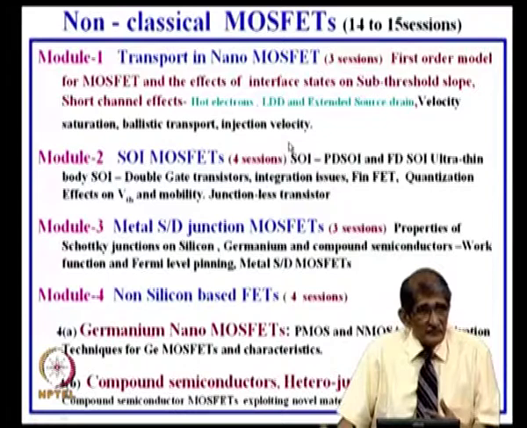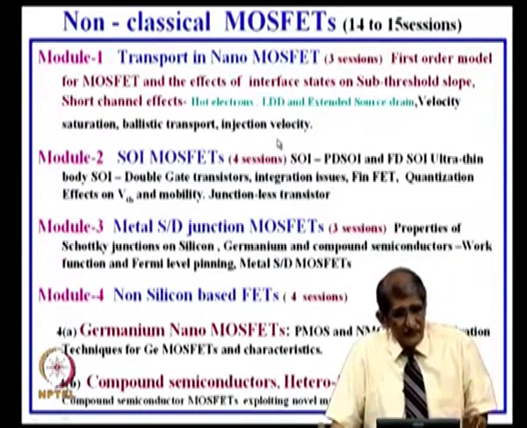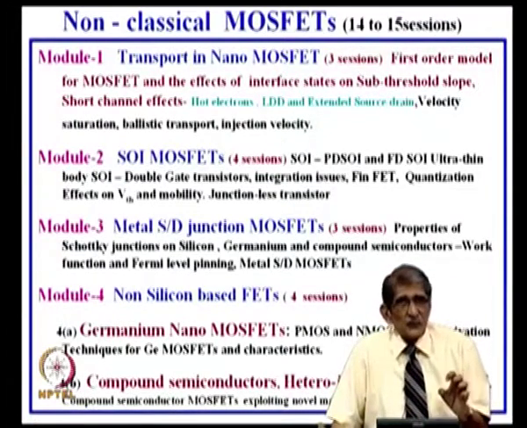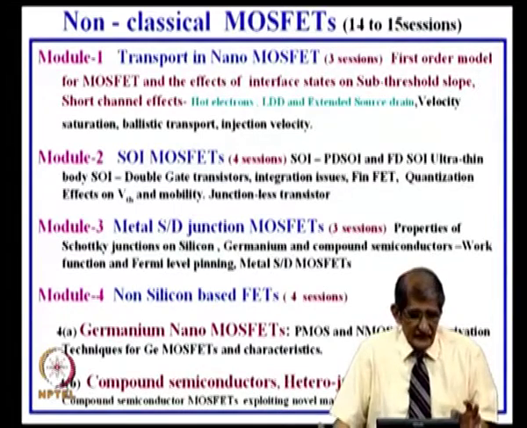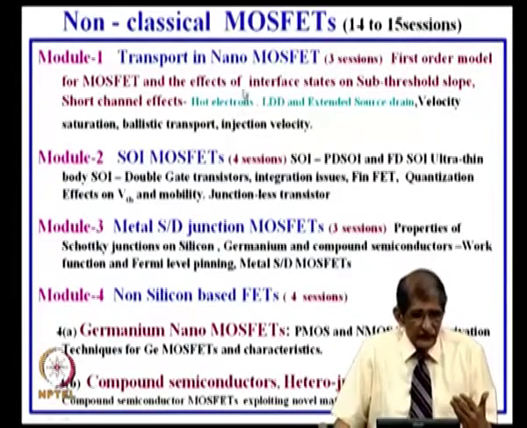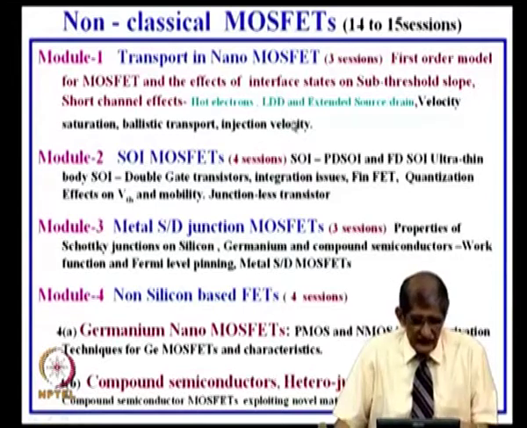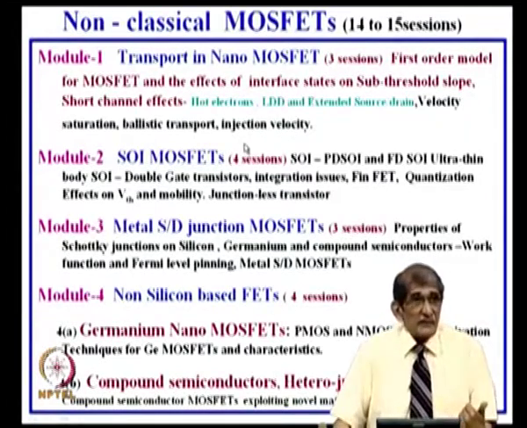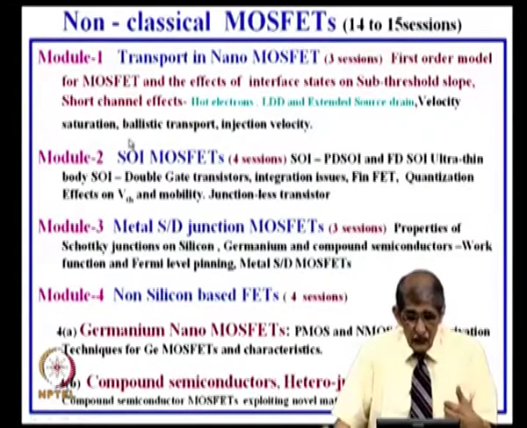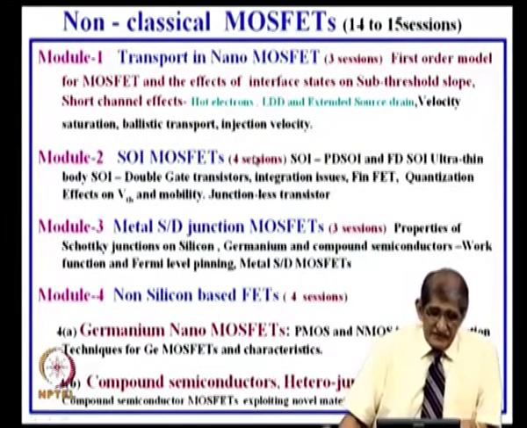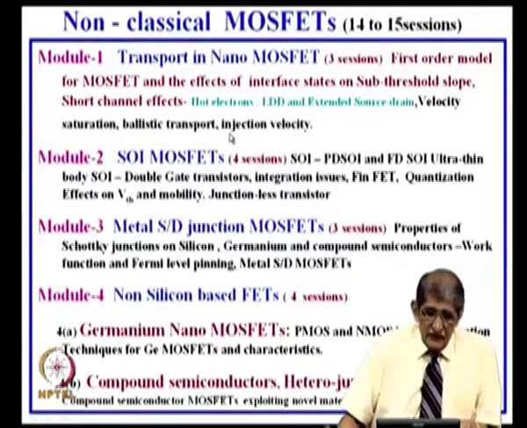So, the goal in all these non-classical devices will be to realize devices with high carrier mobility, which automatically will give you high injection velocity. You can also switch to devices like gallium arsenide, where you can get velocity overshoot effects, velocities over and above the velocity saturation. That is the module 1.